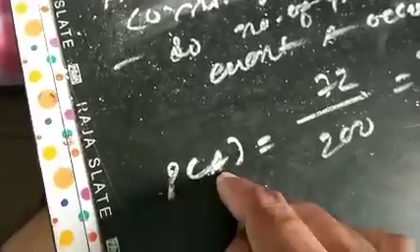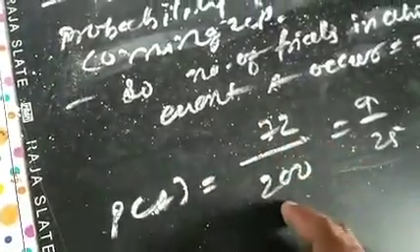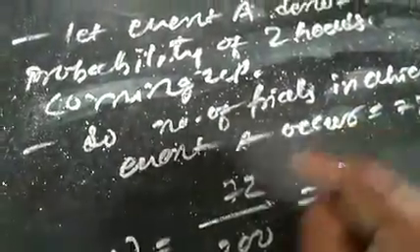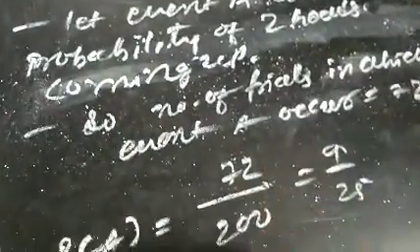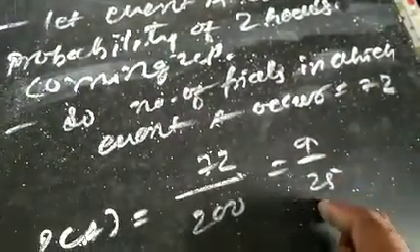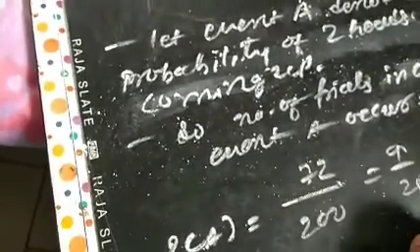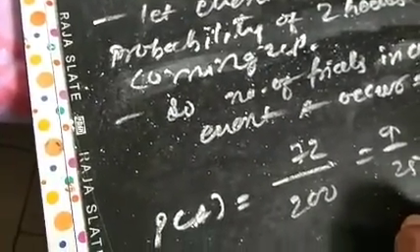So P(A) is equal to 72 upon 200. 72 is the number of trials in which event A occurs, and 200 is the total number of trials. Then we get 9 upon 25. So this is our answer for the probability of event A.